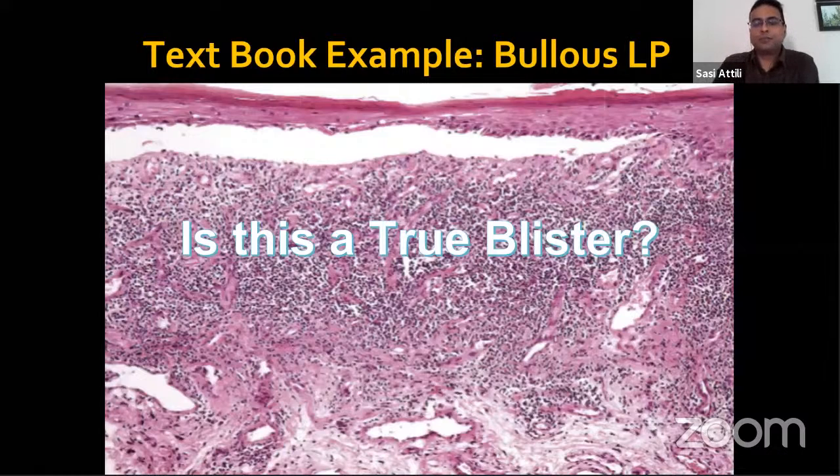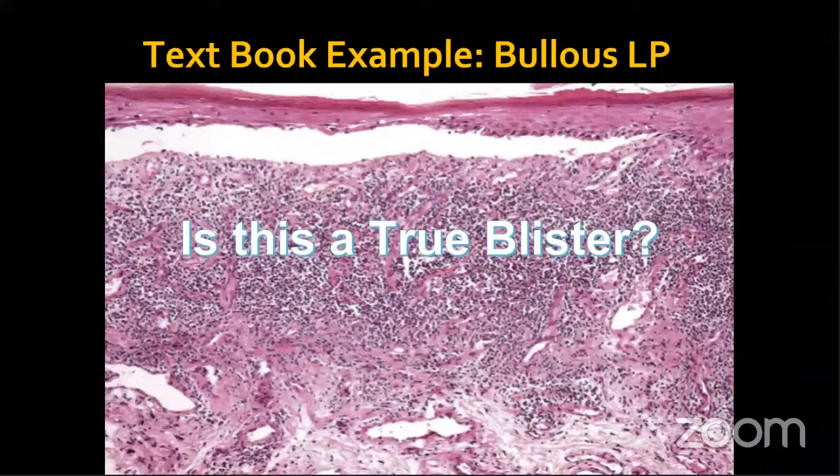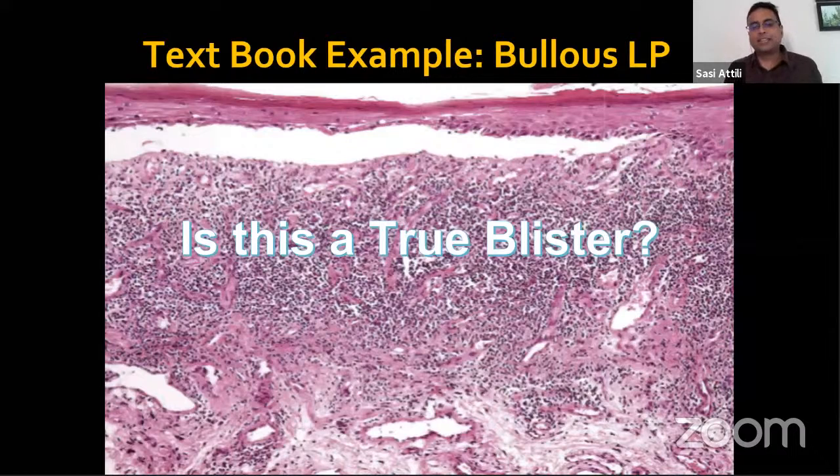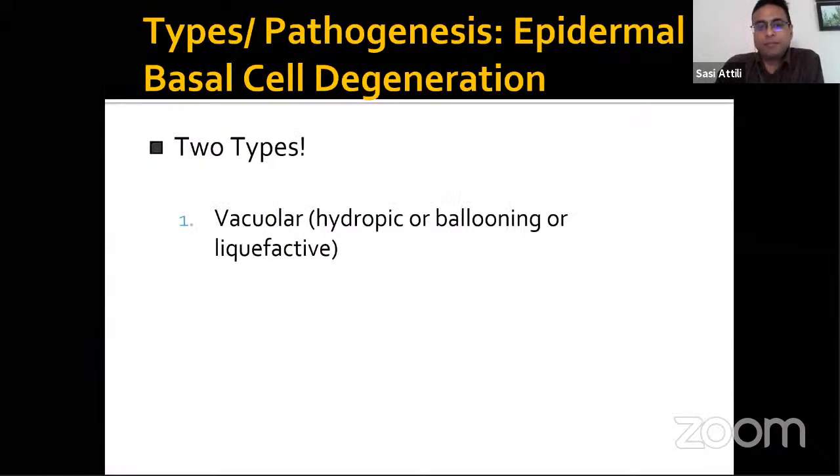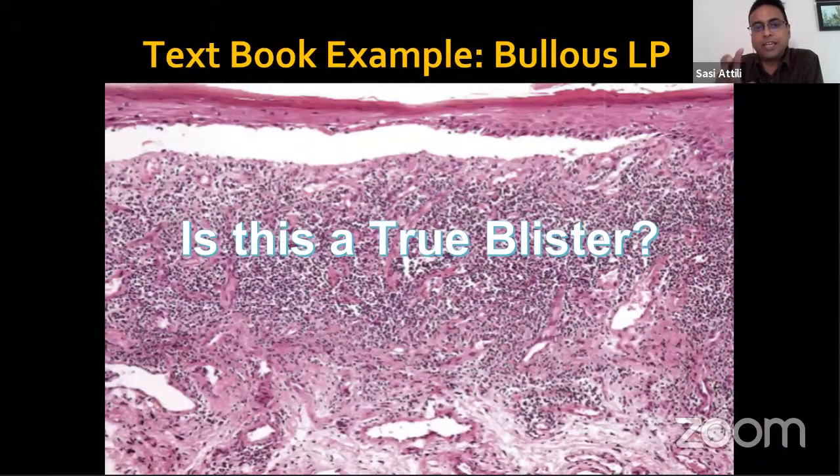All right, Dr. Venkat, what is the majority opinion? False. Majority of them have answered false, sir. Excellent. That's quite right, actually. The bullae in bullous LP are actually artifactual blisters, they're not true blisters. And as I've explained already, the blisters are actually an artifact due to the processing. They're not clinically visible.